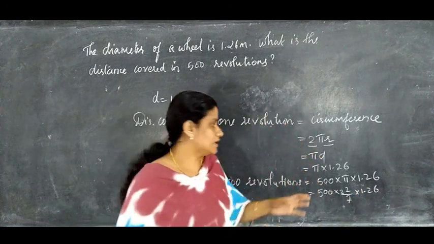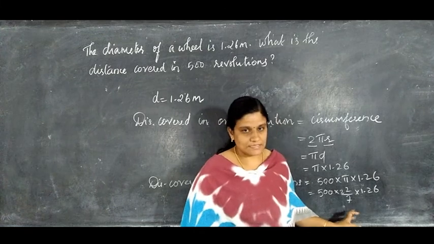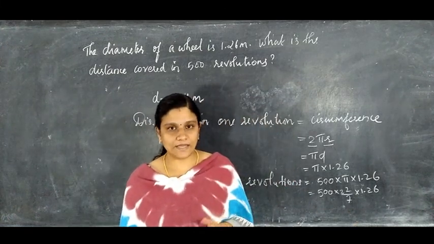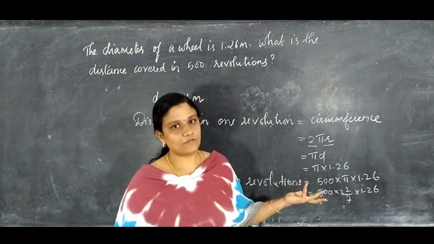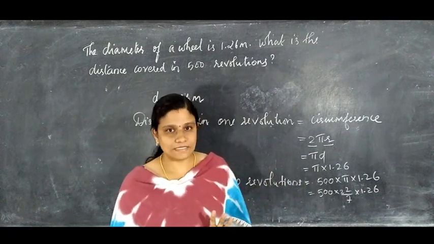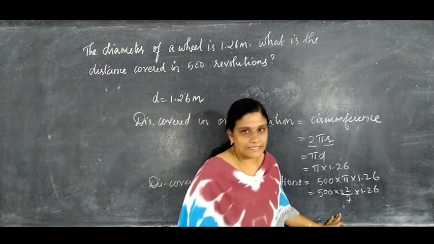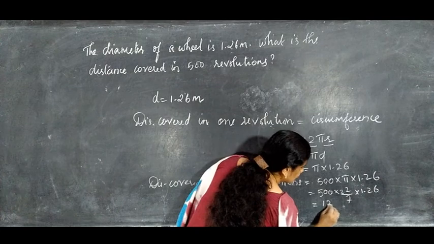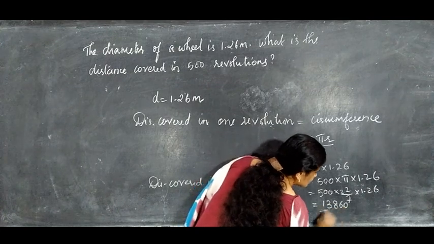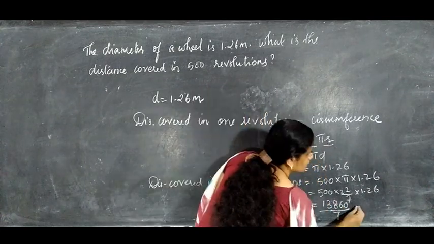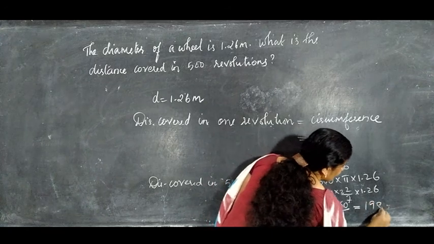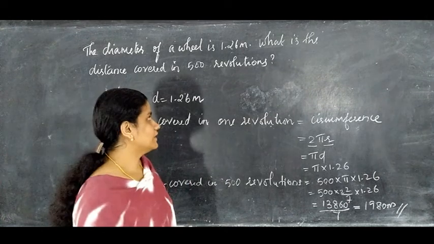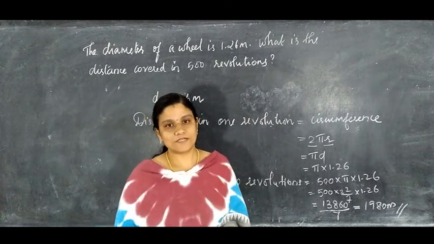Here I have taken pi is equal to 22 by 7. If in the question the pi value is not mentioned, we can take it as 22 by 7. If it is mentioned as 3.14, you have to take the same 3.14 itself. So here we have to multiply and get the answer. When we multiply, we will get 13,860 divided by 7 equal to 1,980 meter. So this is the distance covered by the wheel in 500 revolutions.